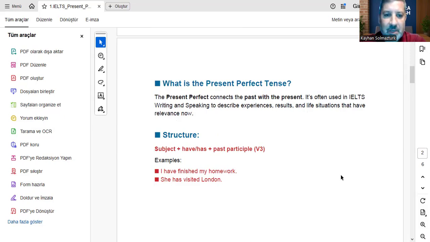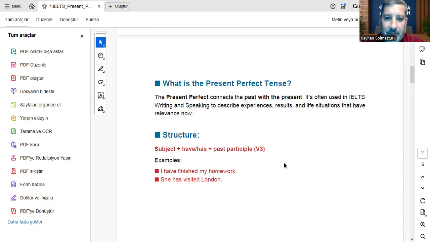Especially in grammar, and specifically for tenses in English, they're very essential for the IELTS exam.